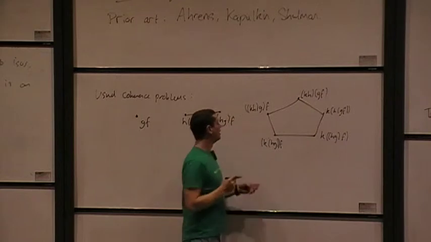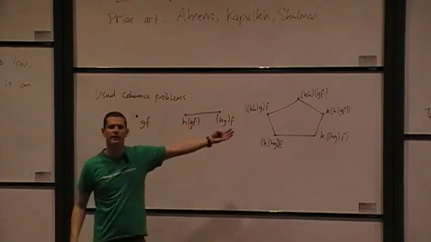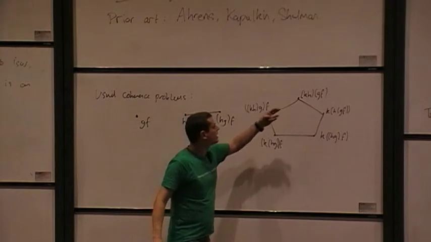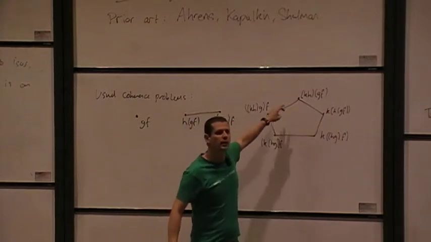So by using this structure repeatedly, we can fill in this pentagon. But that gives us a non-trivial loop.